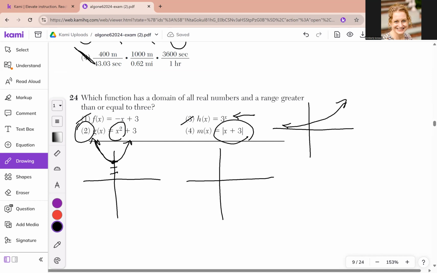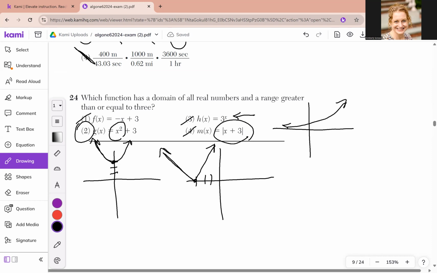When you put that into your calculator, don't forget you have to press math, go over to num, and then it's number 1, abs. You'll see that it's an absolute value graph, moved 3 places to the left. So that's not it, because that would be a domain of all reals, but the range would be greater than or equal to 0. So it would be choice 2.